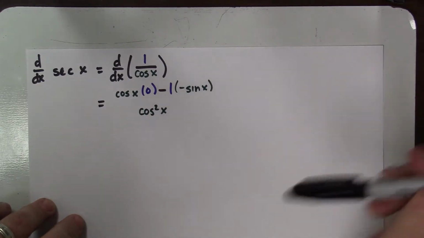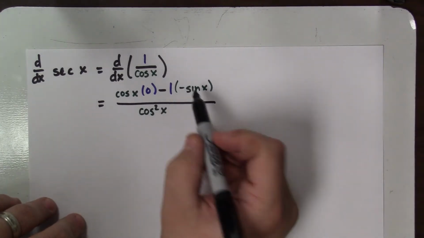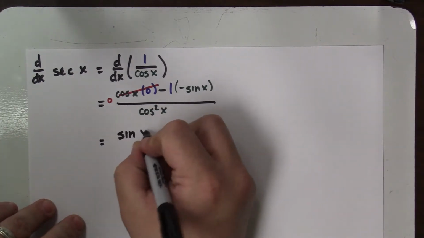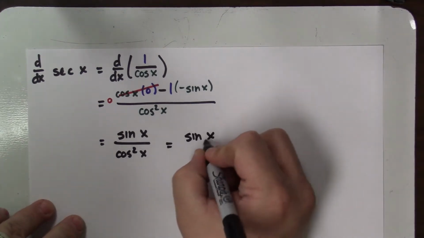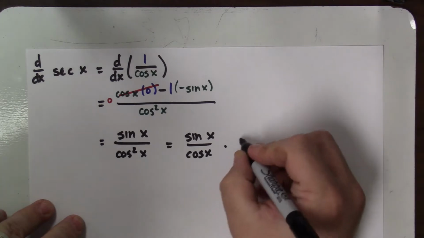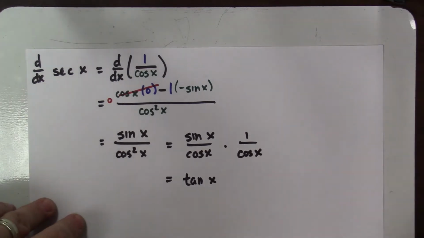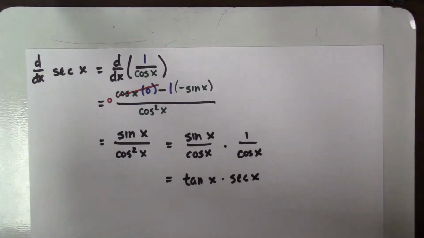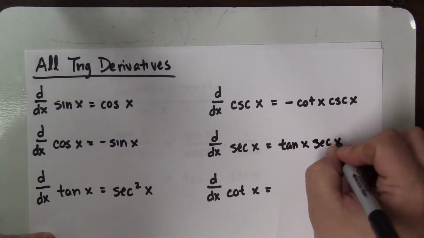Notice this one and cosecant have a lot of similarities. Just like before, you got negative 1 times negative sine, because this is 0. I have sine x over cos squared x, which is sine x over cos x times 1 over cos x. This term is tangent. Sine over cosine is tangent. This is secant. So that means my derivative of secant is tangent x secant x.